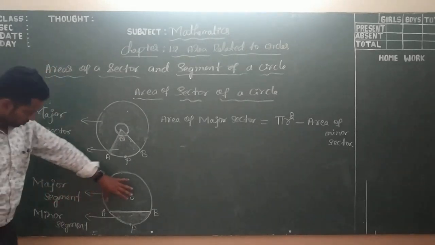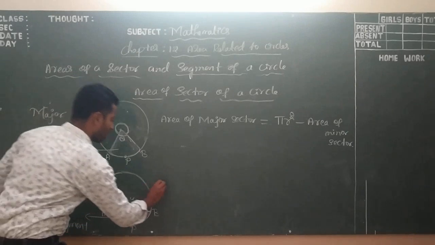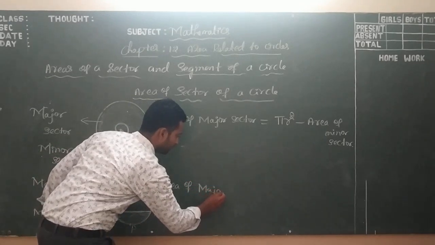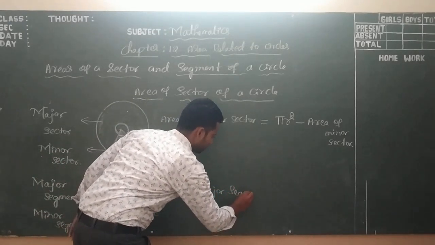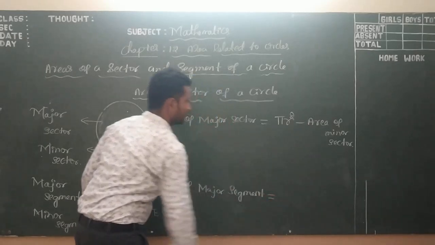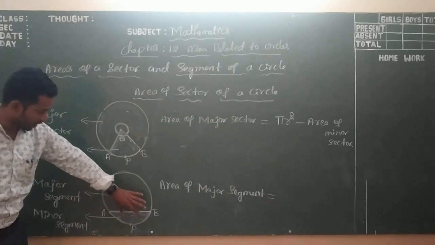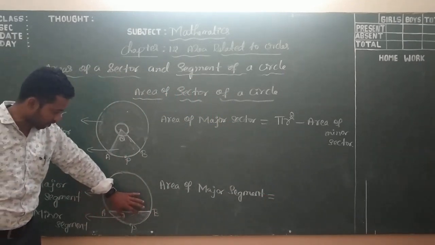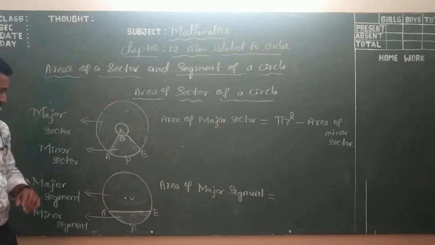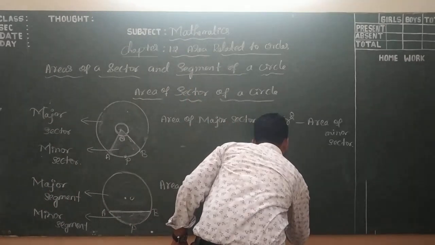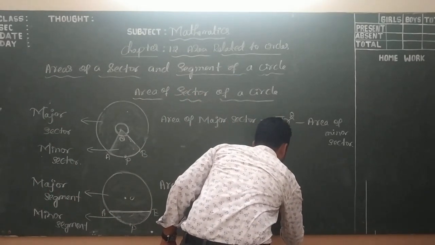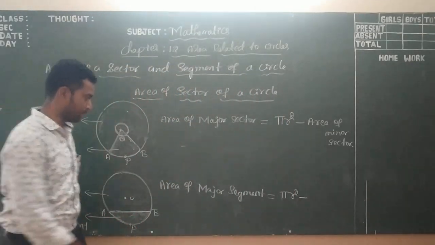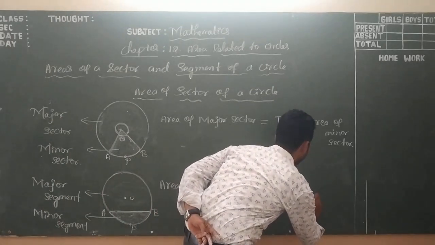Next, if you want to calculate the area of the major segment, you have to subtract the minor segment from the area of the circle. The area of the major segment is the entire circular area, pi r square, minus the area of the minor segment.